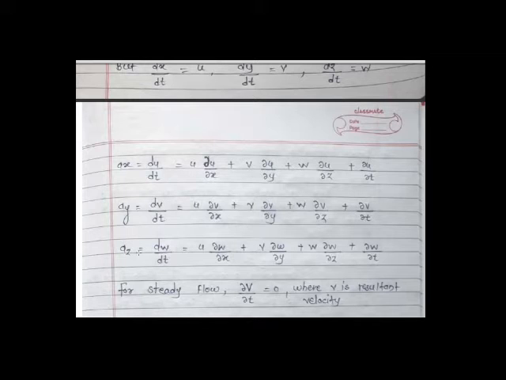Similarly, in the z direction, acceleration az is equal to dw by dt, which is equal to u dou w by dou x plus v dou w by dou y plus w dou w by dou z plus dou w by dou t.